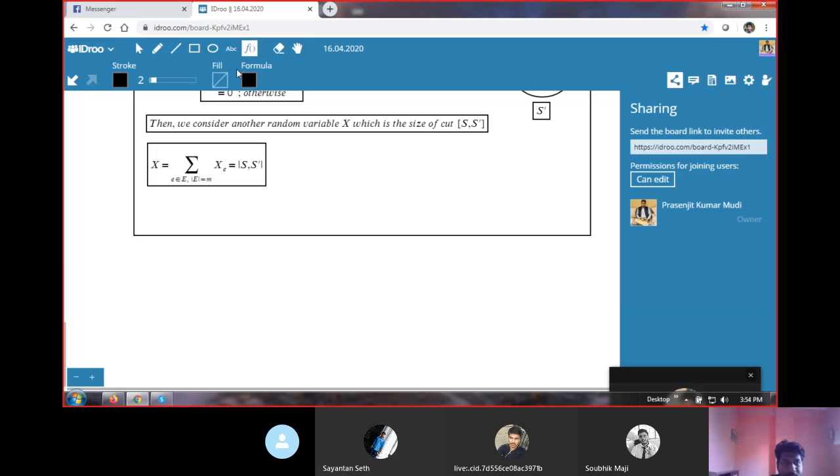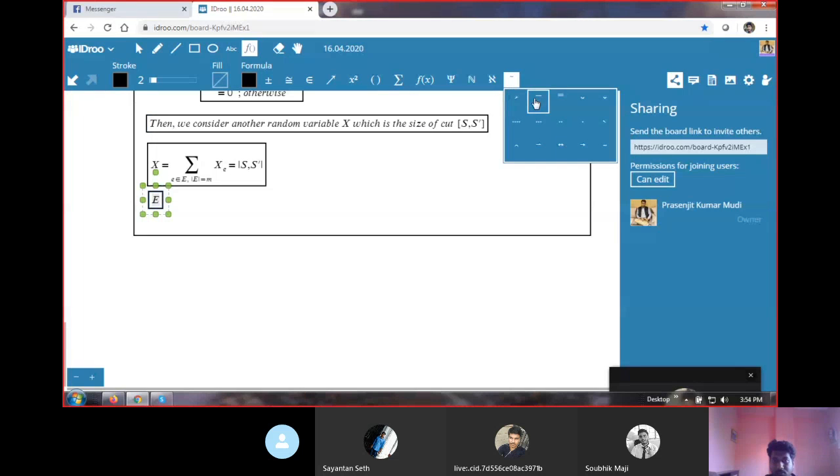So x bar is equal to the expectation of x.